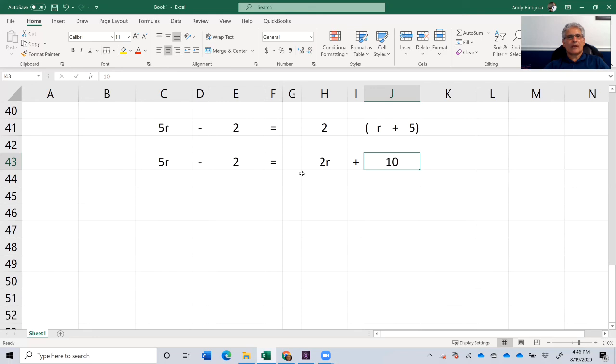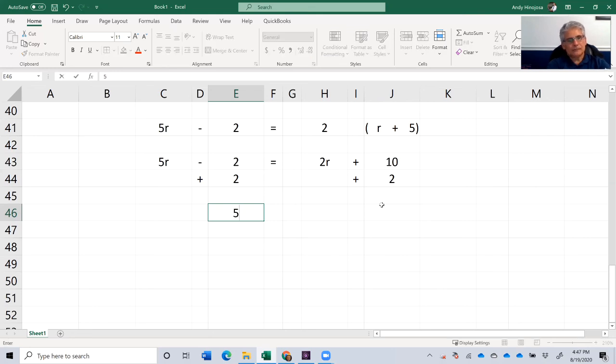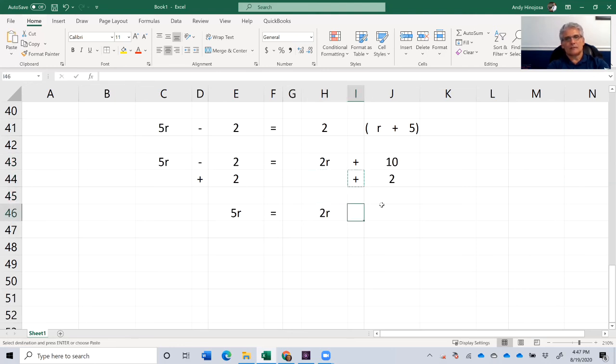At this point in time, we have 2 expressions now that we could get close to solving. So using the simpler expression, we'll go ahead and add 2 to both sides of the equation. And after doing that, we're going to end up with 5r equals 2r plus 12.